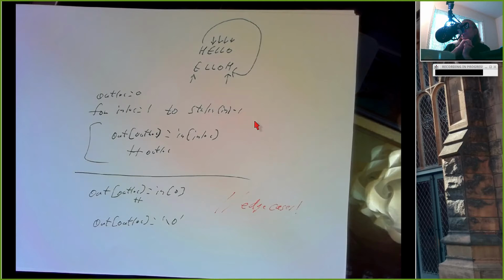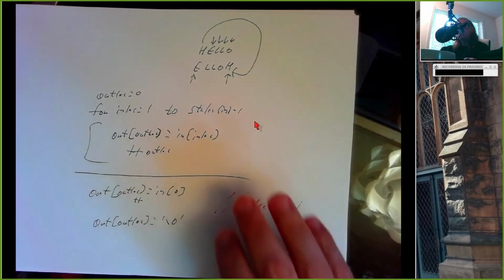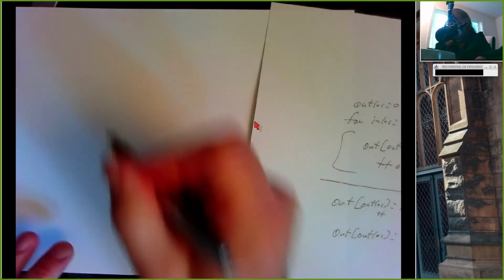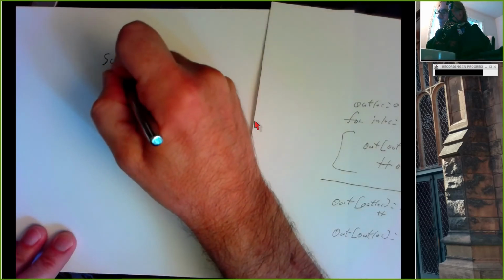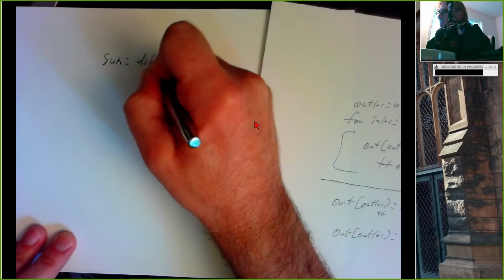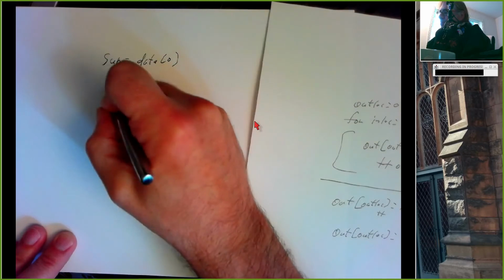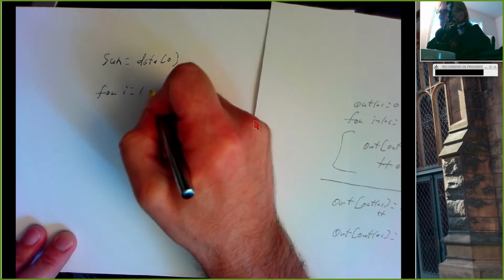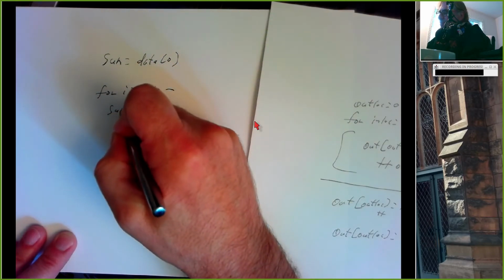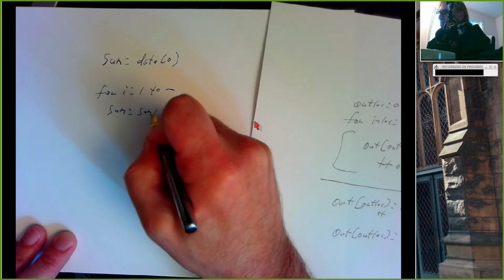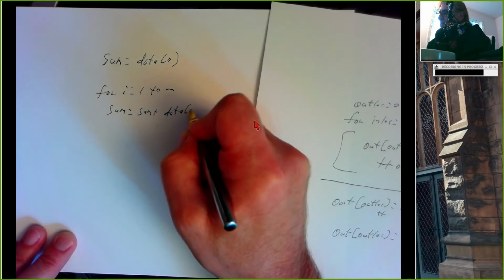But maybe the way you've written your code, if that array has no numbers in it, if its length is 0, maybe your code breaks, right? So maybe you wrote your code like, sum equals data[0], for I equals 1 to such and such, sum equals sum plus data[I].